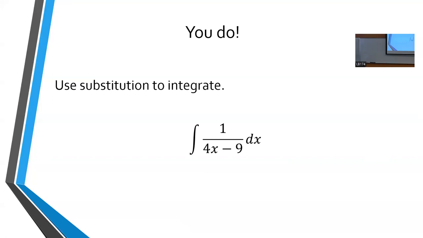So let me go ahead and do this one. We haven't done this one yet. We want to integrate 1 over the quantity 4x minus 9 with respect to x.